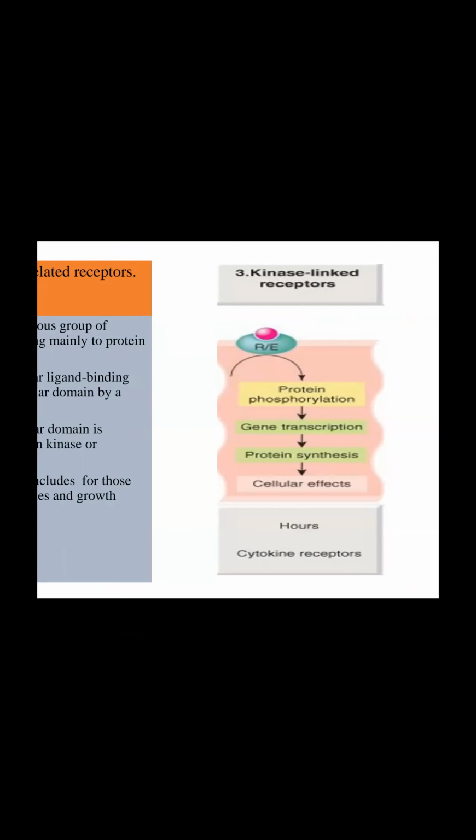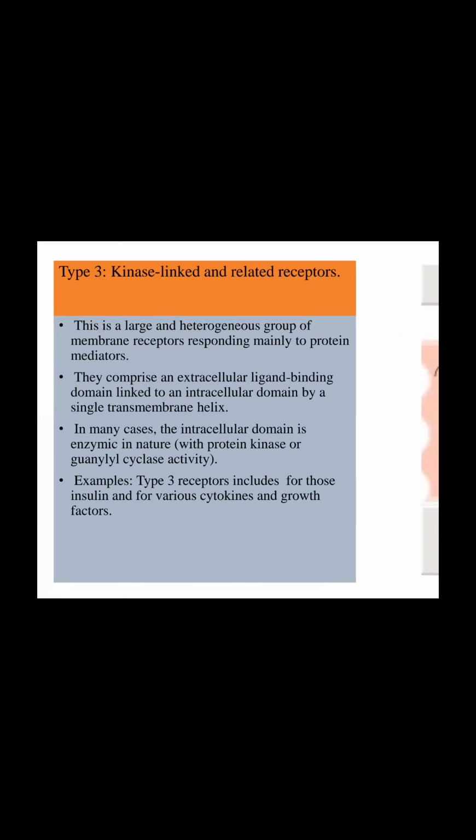So before the cellular effect, it is very important that the presence of protein should be there. In many cases, the intracellular domain is enzymatic in nature, with protein kinase or guanylate cyclase activity. Examples are type 3 receptors, which include those for insulin and various cytokines. Sometimes the cell becomes insulin resistant, so all the glucose is running in the bloodstream.